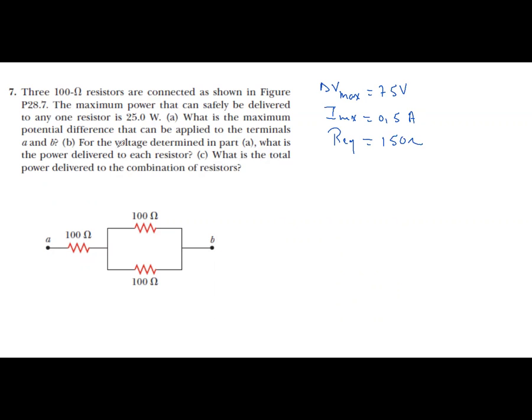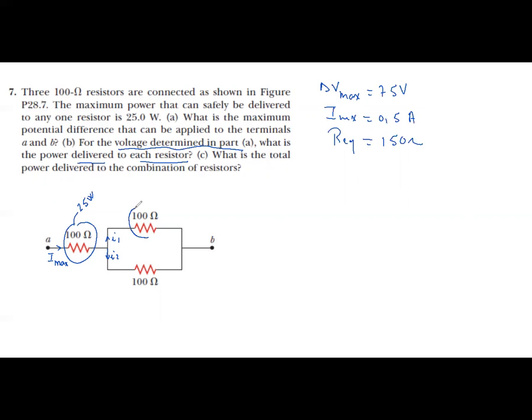Part B, we use the same voltage determined in part A. What is the power delivered to each resistor? For this one, we have 25 watt. Why? Because here we have I maximum. Here we have I1 and I2.